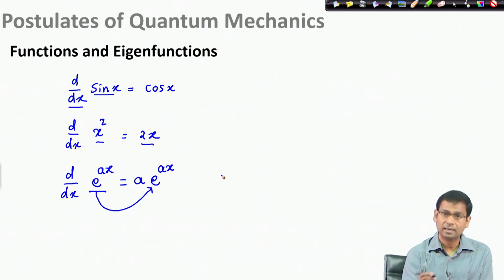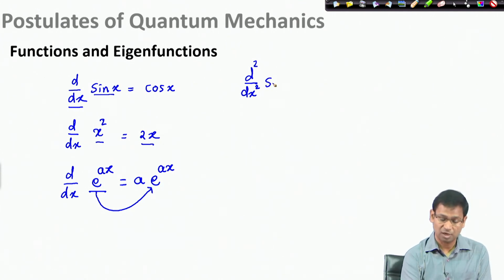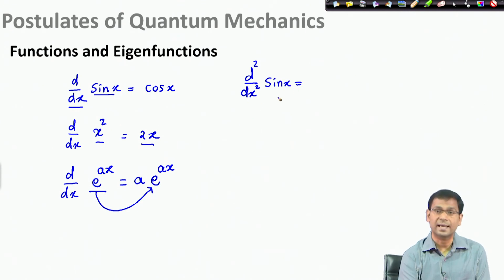Let us look at yet another example. The second example is the second derivative d square by dx square. If I apply this operator on sin x, this essentially means that I have to differentiate sin x twice.